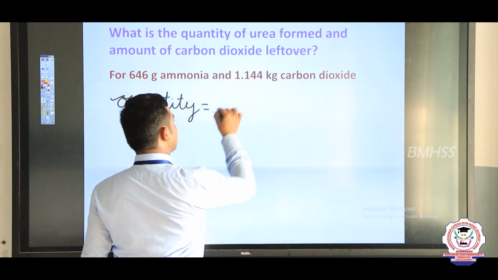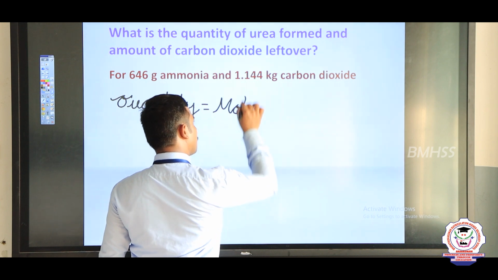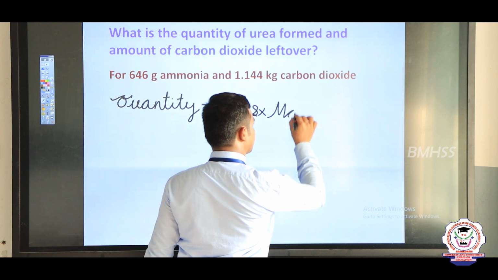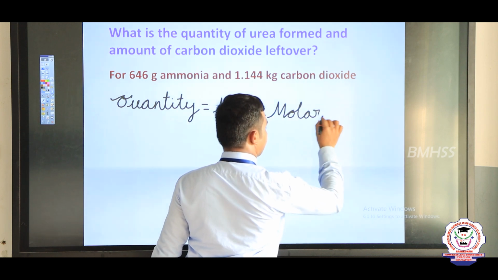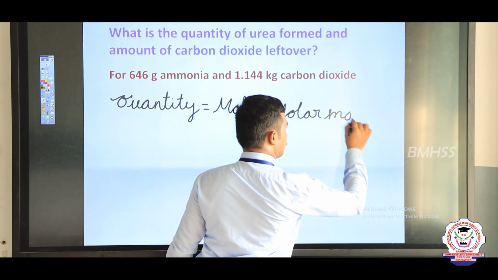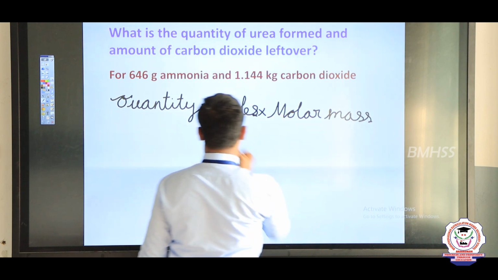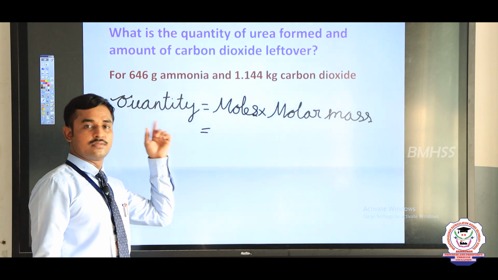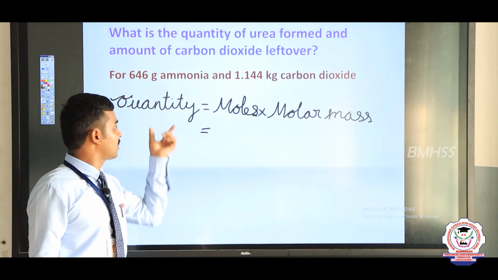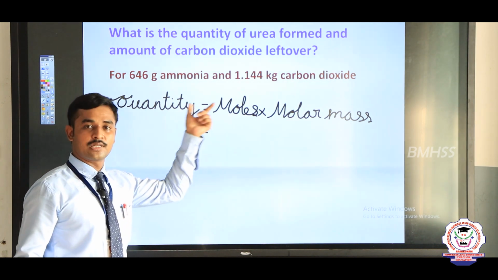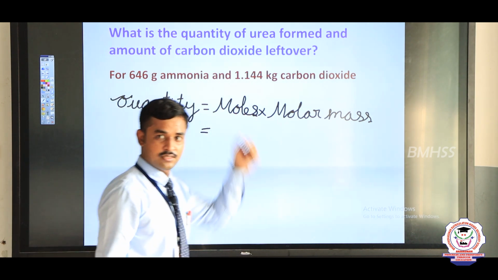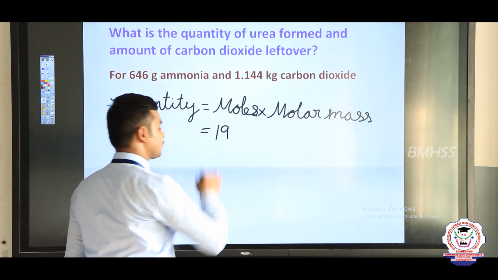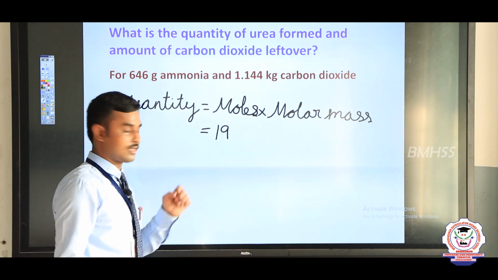Quantity is calculated by moles multiplied by molar mass. The formula to find the quantity in grams, milligrams or kilograms is to multiply the moles into molar mass. In this reaction, 19 moles of urea is formed. Now we calculate that.